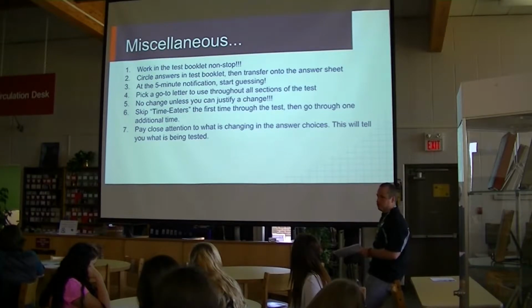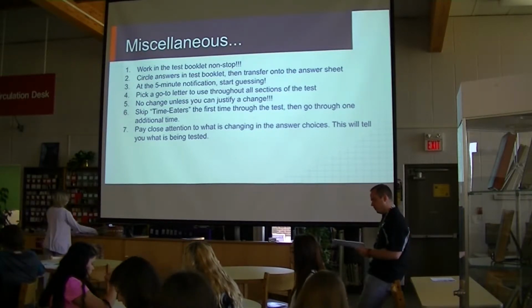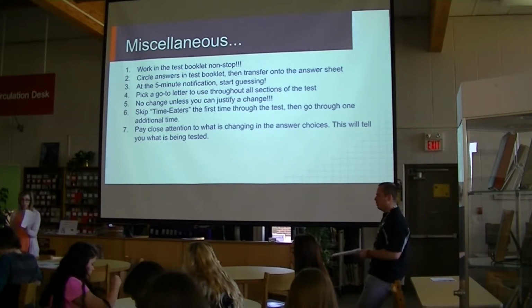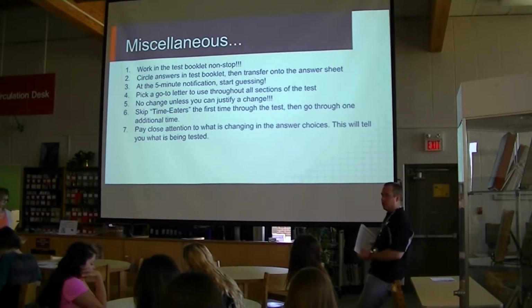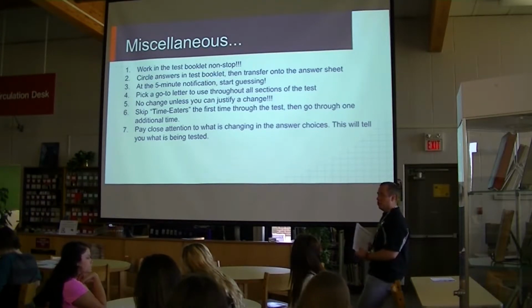Number 5 is really important, especially on the English section. You notice that numbers 30, 31, 32, 33, 34, 35, 36, and 37 on the page I just passed out all have a no change option. If you can't, in your vast knowledge of the English language, justify a change that should be made from what you've read, pick no change.